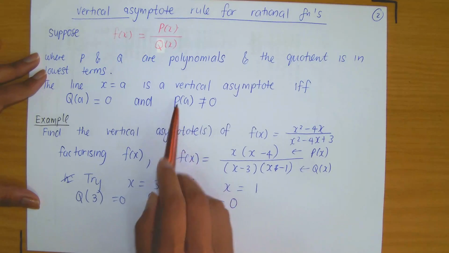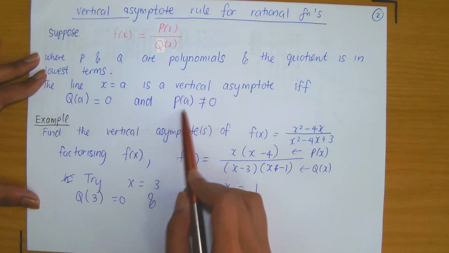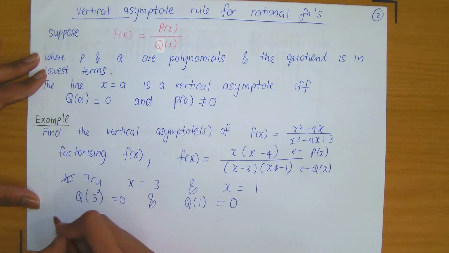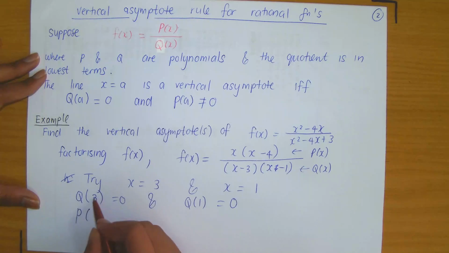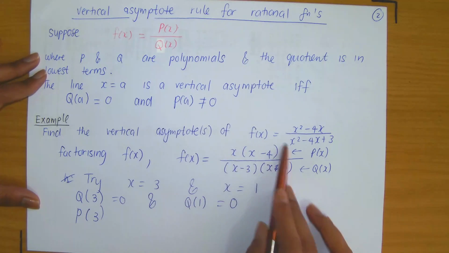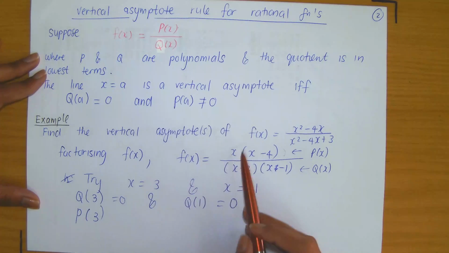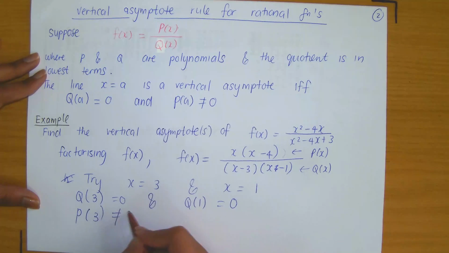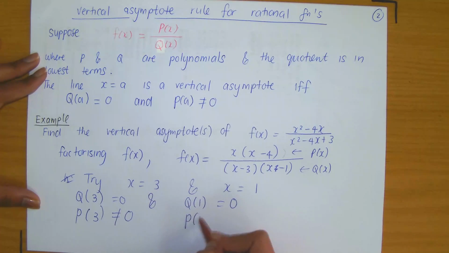I now need to check, does p at 3 and 1 not equal 0? So what is p at 3? Plugging in 3 into the numerator, that is 3 times 3 minus 4. 3 minus 4 is minus 1, so this is certainly not 0. And what is p at 1?